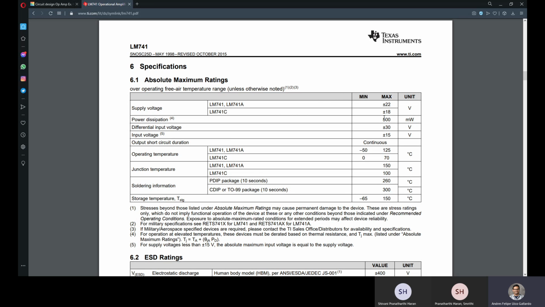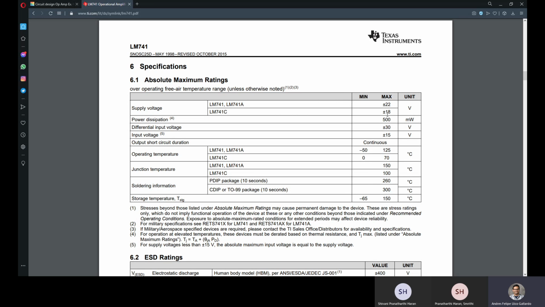So if you know you're putting 9 volts into it, or 10 volts maximum, that's going to give you an idea of how much current you're putting into the speaker, and based on the current and the power that you're getting out of the amplifier, you can have a rough idea of your power dissipation. For example, this one says it can handle up to 500 milliwatts, and hopefully you stay under that.